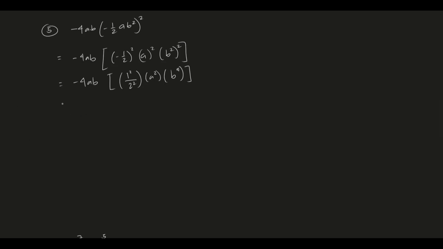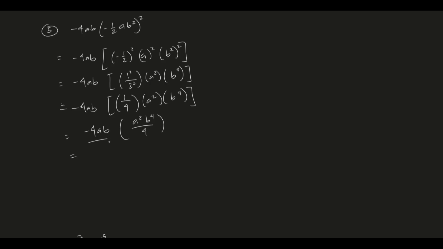So let's simplify. Negative 4ab inside, 1 squared is 1, all over 2 squared is 4, then multiplied by a squared, then b raised to the 4. So we have negative 4ab times 1 times a squared times b raised to the 4, all over 4.